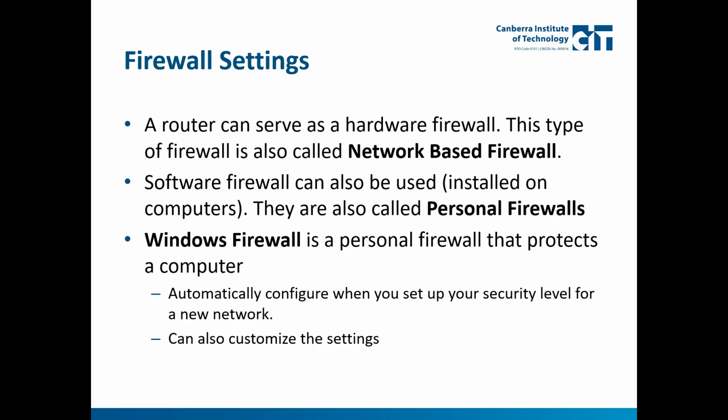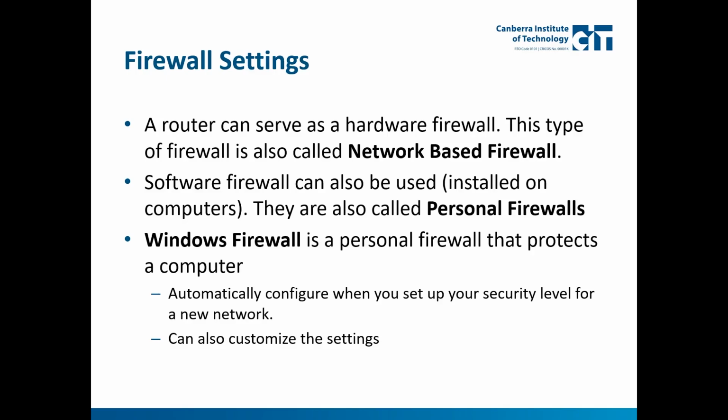Within Windows, we have a default built-in Windows firewall, which is basically a personal firewall that protects our computer. Okay, and what is cool about Windows firewall is that it automatically configures when you set up your security level for a network. When you're connecting to a network, you have the option to select if that network is public, private, or I think it's organization or something like that.